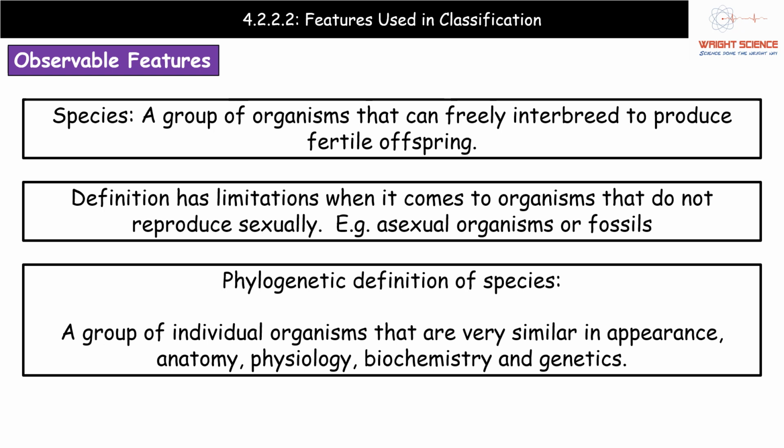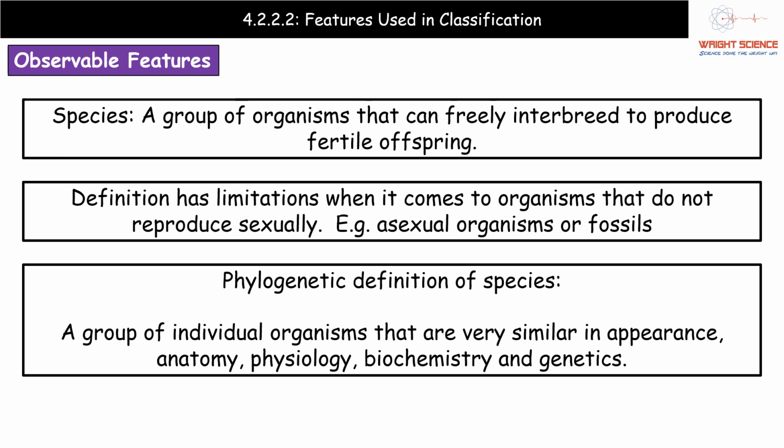Now when we consider that definition of a species, we've got some problems that come about because it's limited in its scope, for the simple fact that obviously here we're talking about organisms interbreeding to produce fertile offspring, but that doesn't take into account any of those organisms which are going to be reproducing asexually.